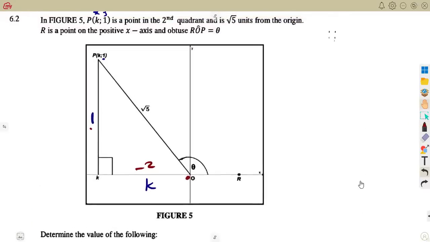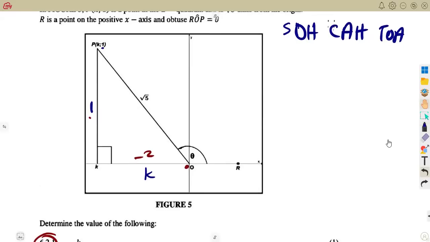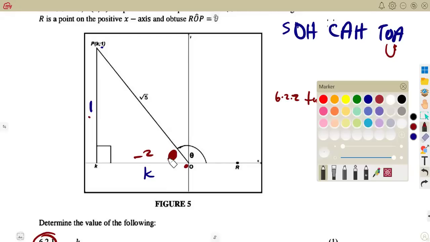6.22, the tan of theta. The tan of theta from our SOH CAH TOA. Remember this SOH CAH TOA. So the tan of theta can be determined. The tan of theta is opposite over what? Opposite over adjacent. So according to this angle inside of the triangle, which part represents our opposite?